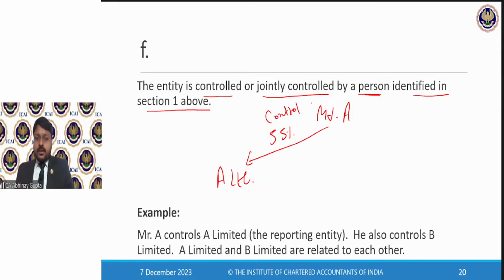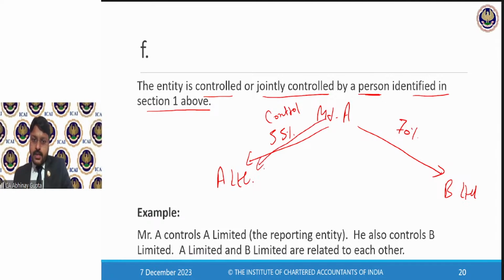And Mr. A also controls B Limited. Suppose he has a 70% stake there. Then whether Mr. A will be a related party to A Limited, yes or no? So for A Limited's financial statements, Mr. A will be a related party, yes or no?